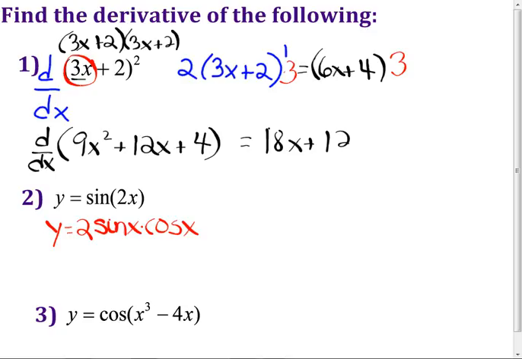I could do chain rule, which is a lot easier. And I could use product rule here. So what's y prime? It's 2 times the sine of x times the derivative of the cosine. What's the derivative of the cosine? Do you remember? Negative sine of x.